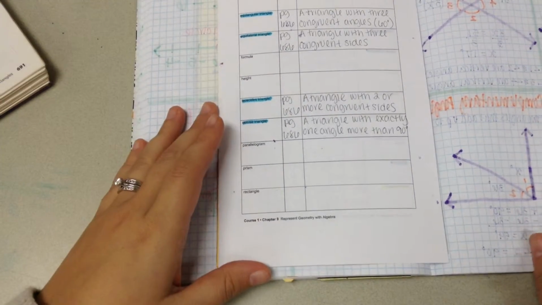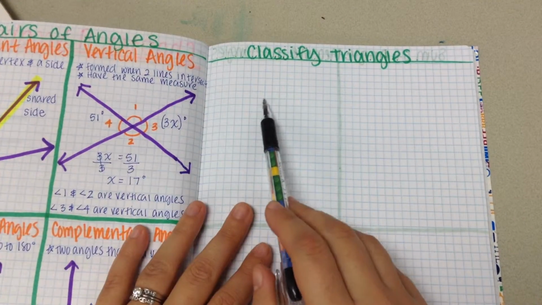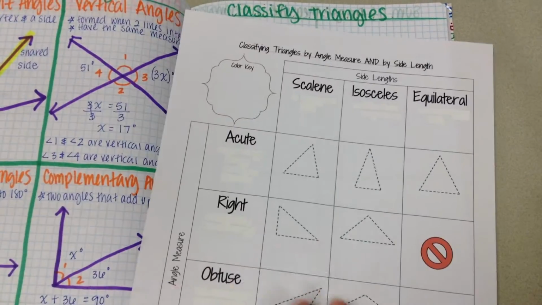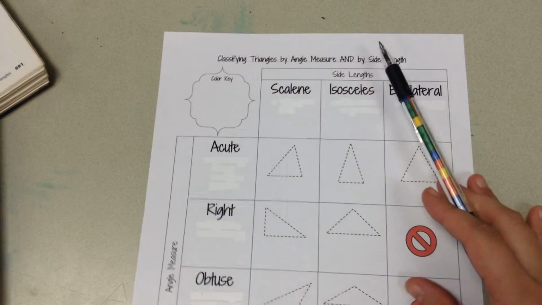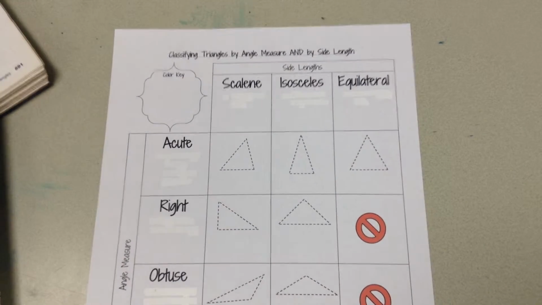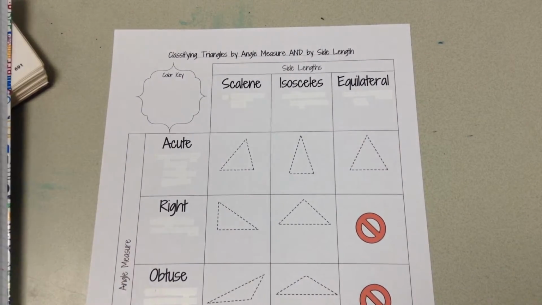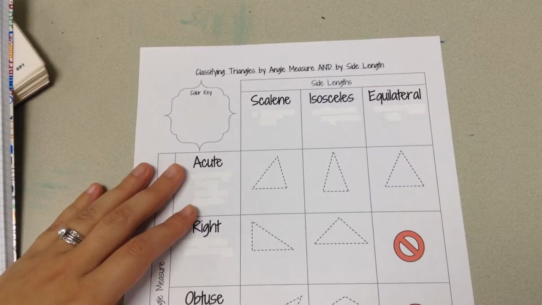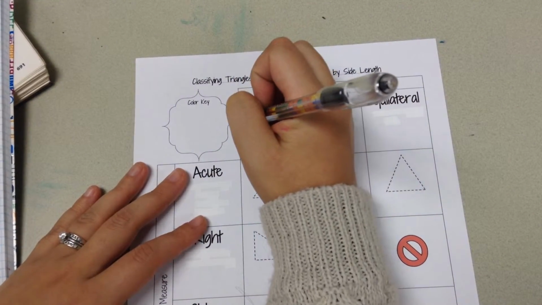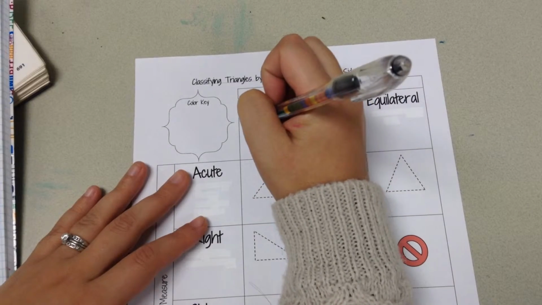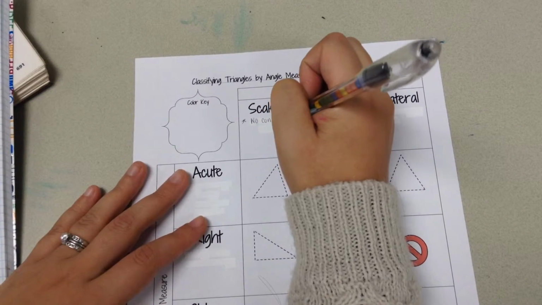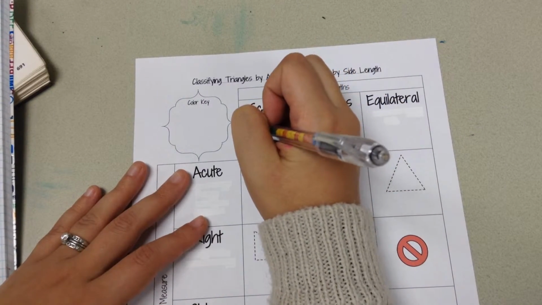All right, so on page 89, go ahead and put classified triangles, and you're not actually going to write anything here. We're going to fill out this page, and then we're going to put it in there tomorrow. So we're going to start with scalene. A scalene triangle has no congruent sides.